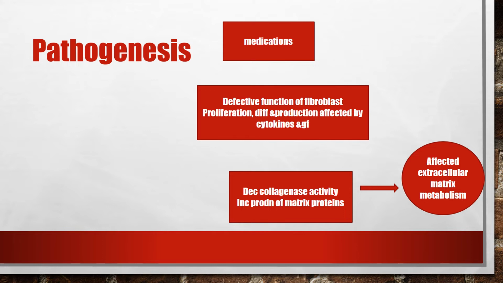With defective fibroblast function, an increased number of fibers will be formed and degradation will be less, and there will also be decreased collagenase activity, with increased production of matrix proteins. This finally leads to affected extracellular matrix metabolism.